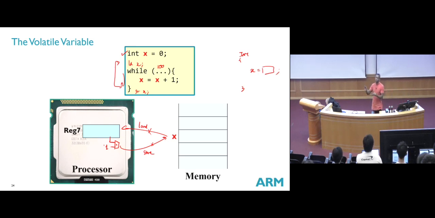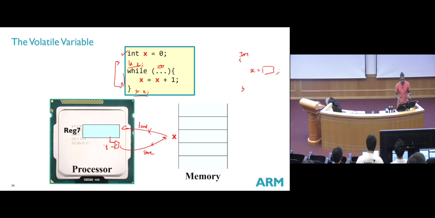Because this other code is not called as a normal function. It can happen asynchronously at any time. So if I do this load x and store x before and after the loop, but while I'm running the loop the interrupt happens, then this update to x is not captured. So this load and store will now mess up my overall sequence of values.